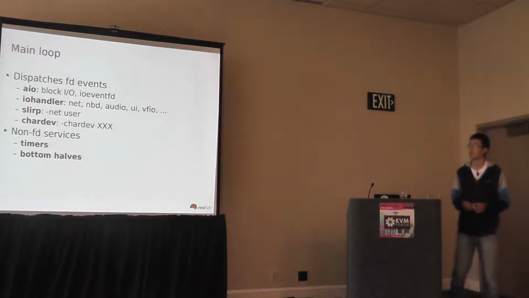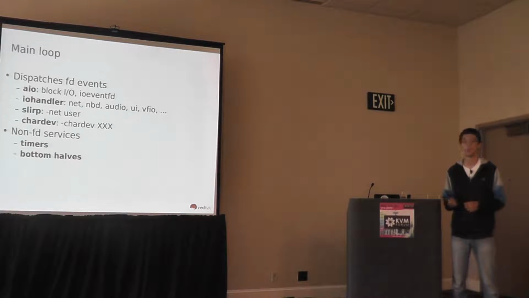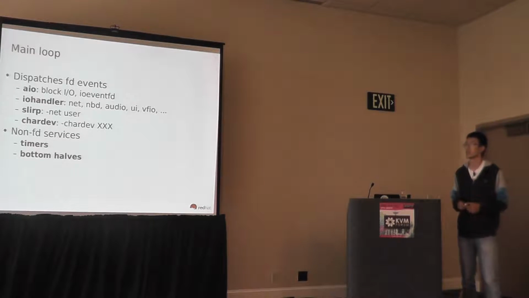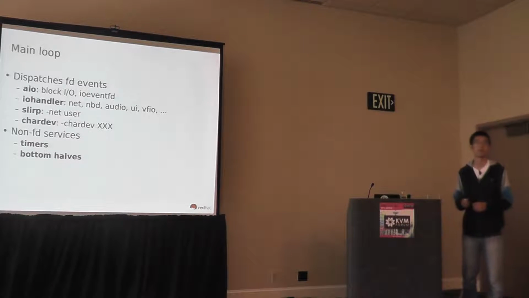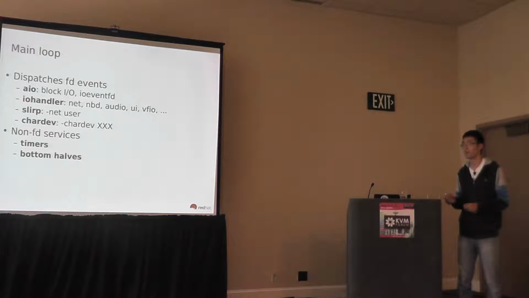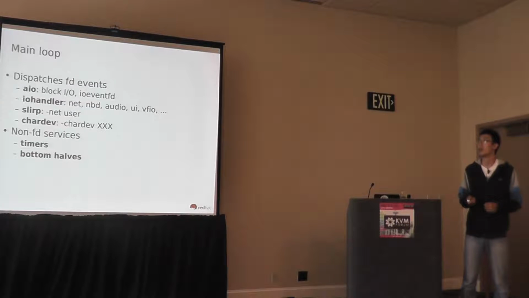The third one is a bit different because it also belongs to the net subsystem, but it's particularly used in user space network emulation. It's called Slurp. It's a library inside QEMU, but it's very specially hooked into the main loop, as we will see later. The fourth one is the character devices.